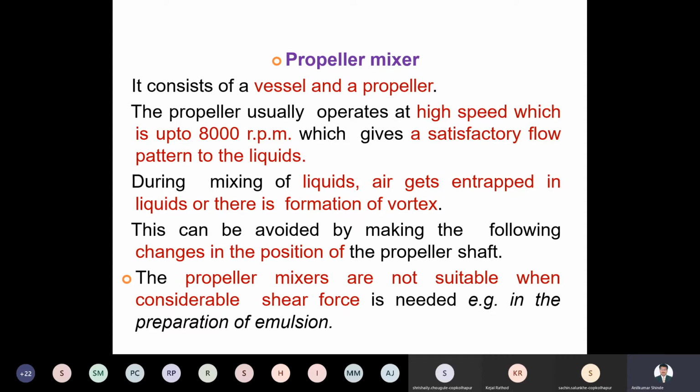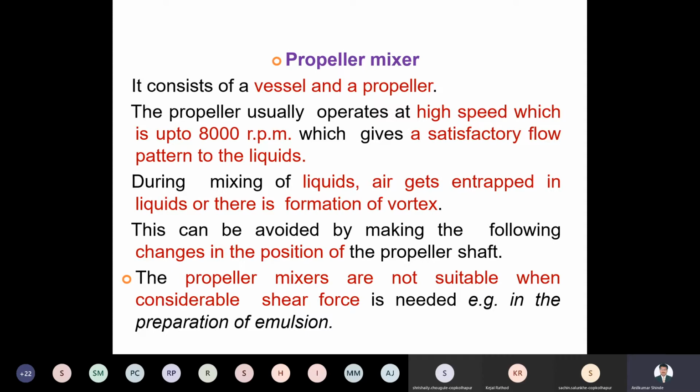If you have adjusted the propeller at the center and too much air enters the liquid, we can change the shaft position to the left side, the right side, or an angled position, so we can avoid the problem of air entrapment.